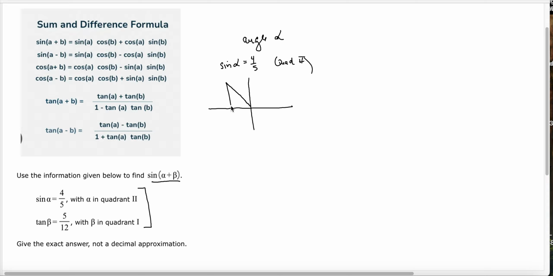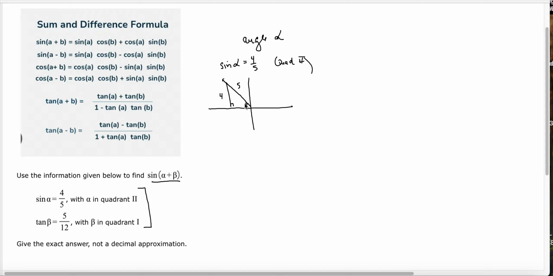The reference angle is made with the terminal side of the angle and the x-axis. So here's our reference angle, here's our right angle. And if sine is 4 over 5, then opposite the reference angle is 4 and the hypotenuse is 5.